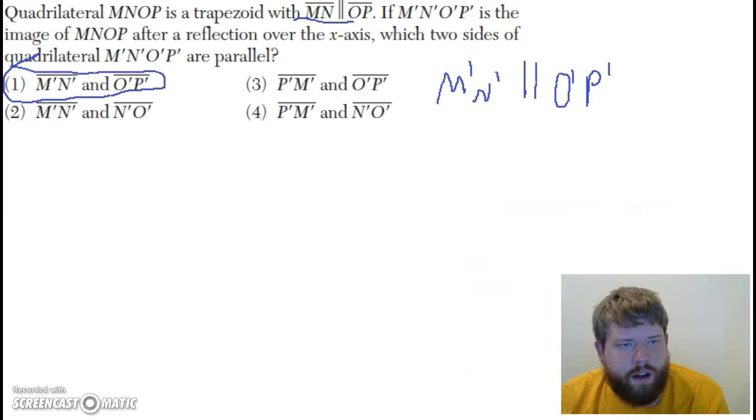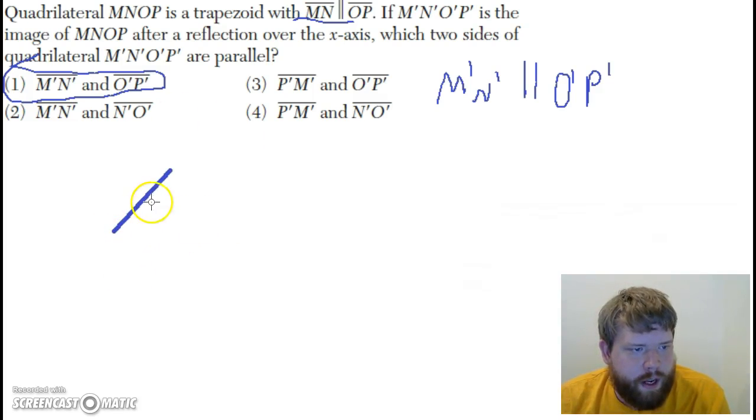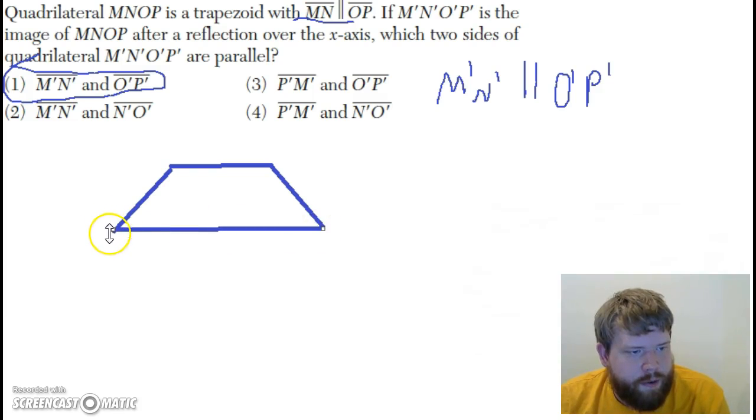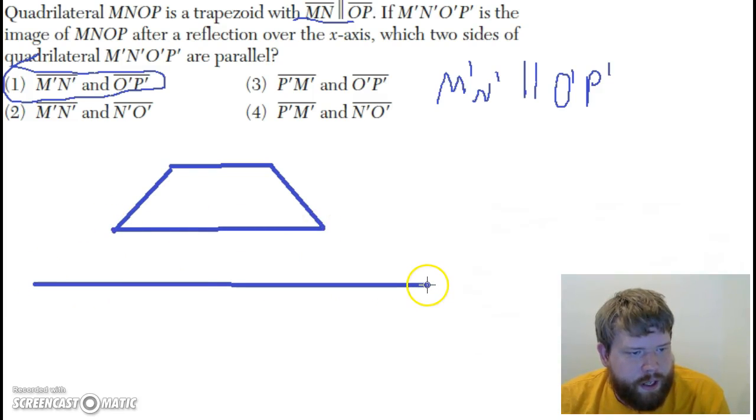Just as a final way of convincing you that this is true, okay? So, right, imagine actually making such a trapezoid, as I will attempt to do here. This is an isosceles trapezoid, although it wouldn't necessarily have to be. Okay, and then imagine reflecting it.